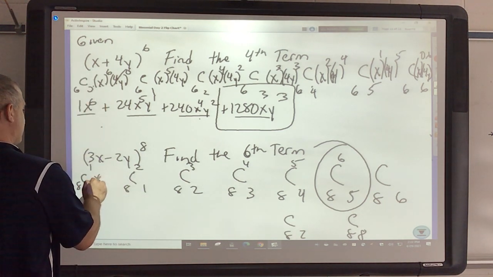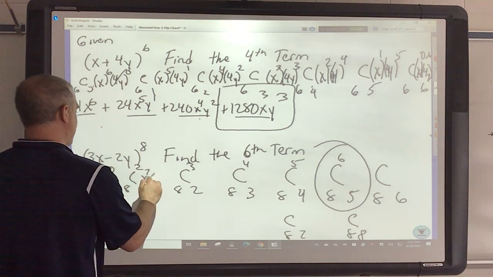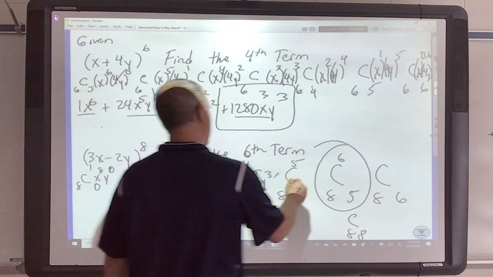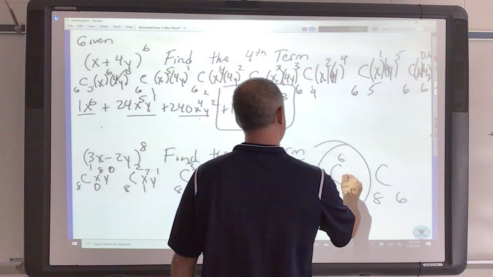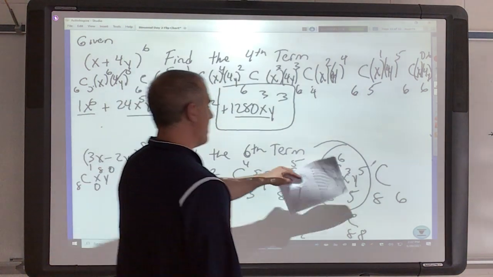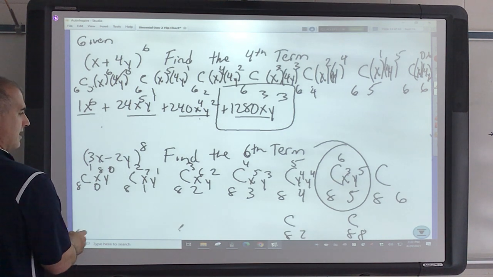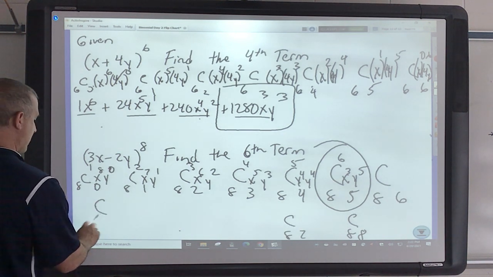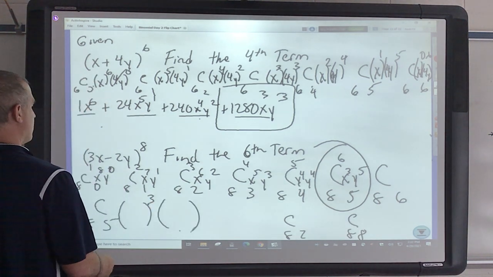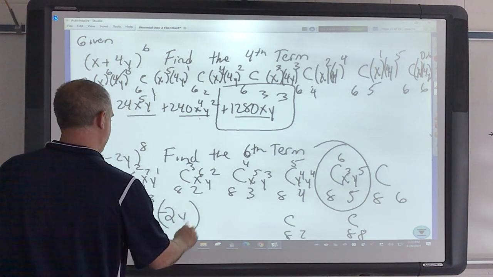This is x8, y0, x7, y1, x6, y2, x5, y3, x4, y4, x3, y5, and that's the only one that I actually care about. So what that would look like is 8 choose 5 times 3x cubed times negative 2y to the 5th.